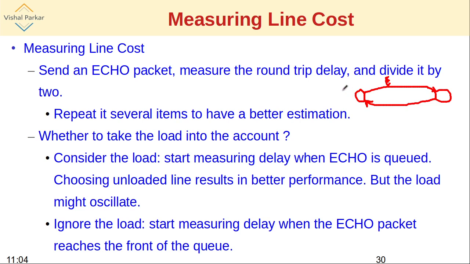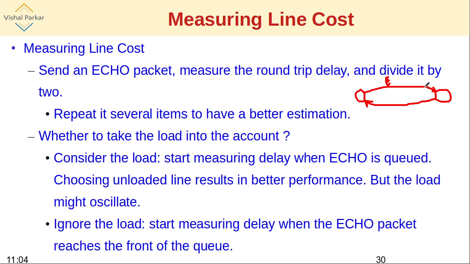So to measure the actual time it takes to reach this router from this router, this packet propagation time added to the reply transmission time, propagation time, that is what is called the round trip delay. Round trip from this router to this router and back to the original router, that is the round trip delay.